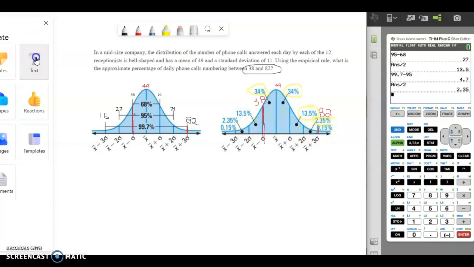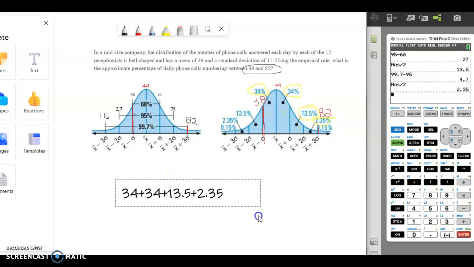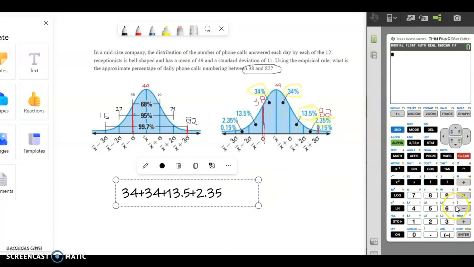Okay, so if we go ahead and add up 34 plus 34 plus 13.5 plus 2.35, make that a little bit bigger there. Adding up all those values, I'll do that on my calculator. 34 plus 34, which we know is 68, plus 13.5 plus 2.35.